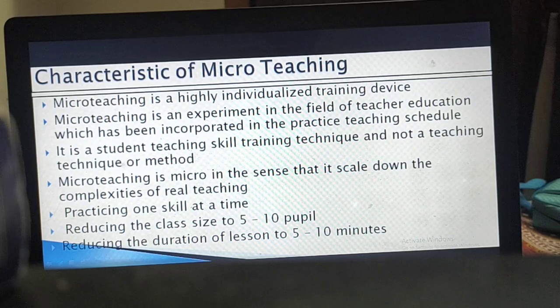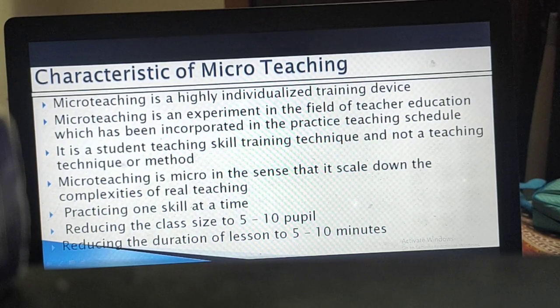After getting the feedback from the observer, the teacher rectifies his teaching skills and again teaches the same skill.